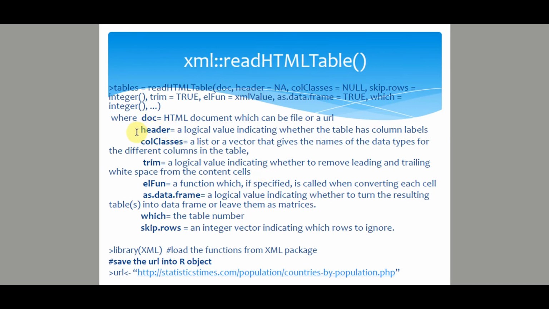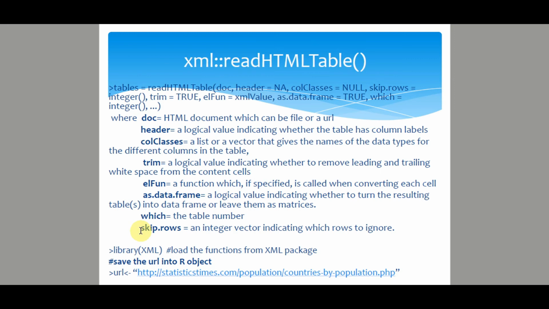Then header, colClasses, and trim, a logical value indicating whether to remove leading and trailing white spaces from the contained cells. elFun is a function which, if specified, is called when converting each cell. asdataframe is a logical value indicating whether to turn the resulting tables into a data frame format or leave them as matrices. which is for choosing the table number, and skip.rows to skip the rows of the tables.